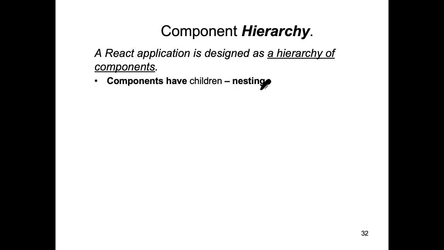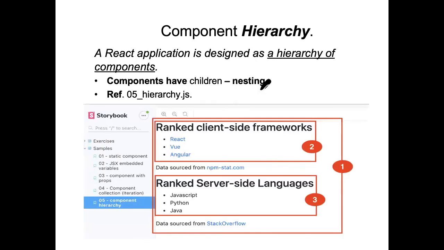So components have children, and that's really modeled on the whole HTML idea as well. You can have nesting of HTML tags within HTML tags. Similarly, you have nesting of components. By way of illustration, it's a kind of made-up example, but I've got a component which renders like this.